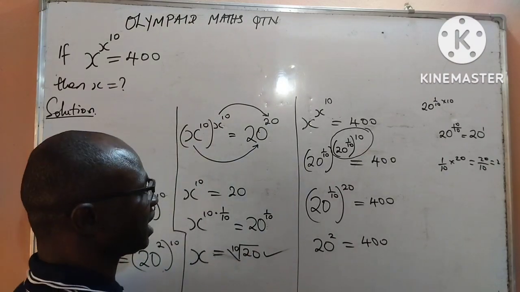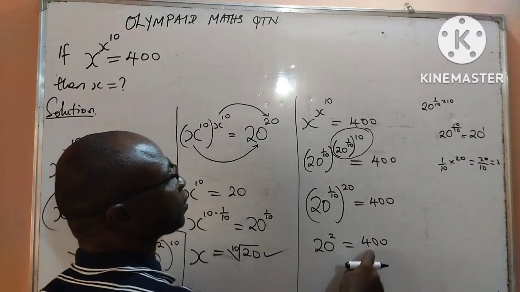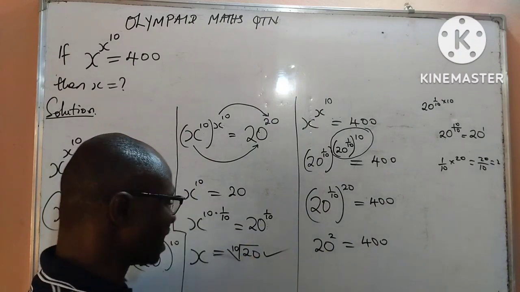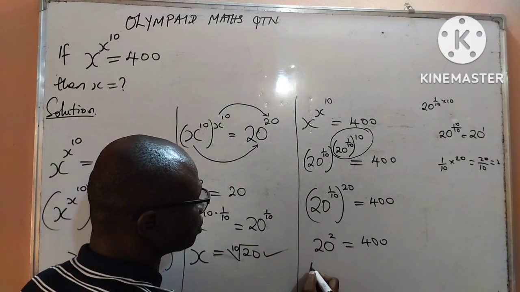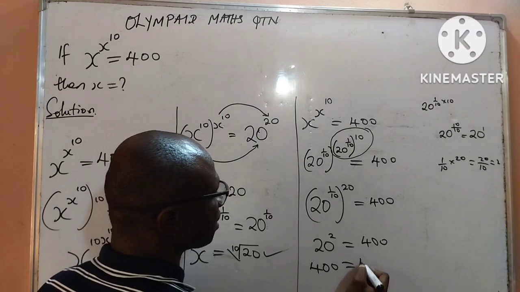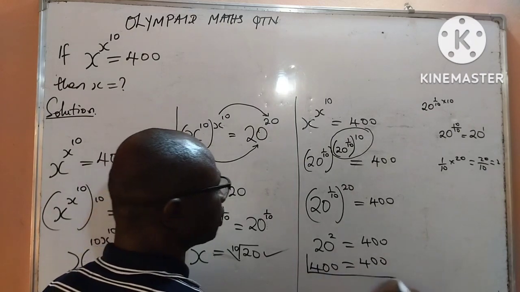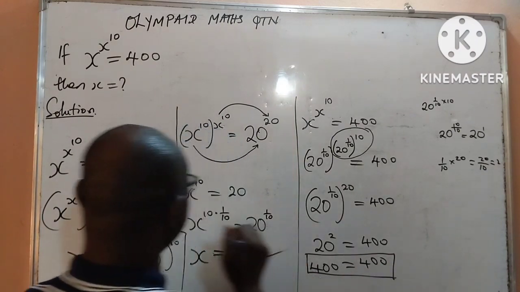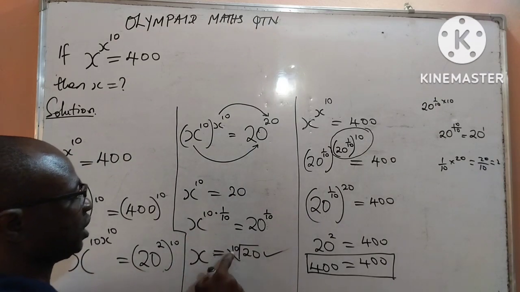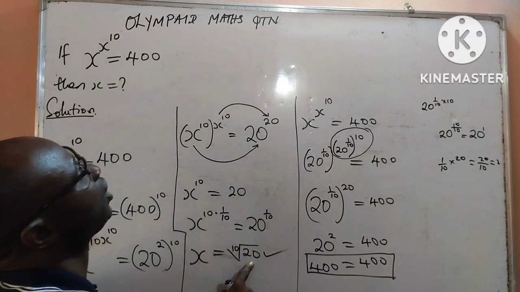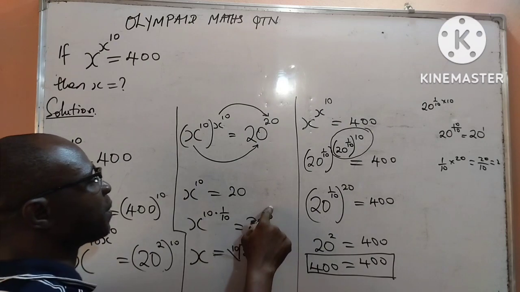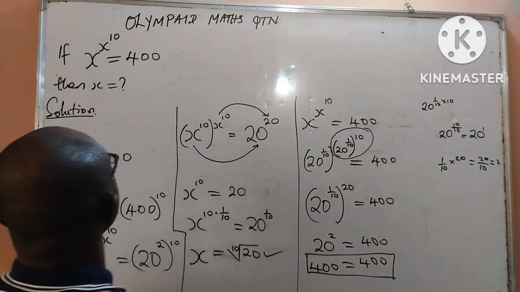The question should be now, is 20 raised to power 2 equal to 400? And the answer is yes, 20 raised to power 2 is 400, which is equal to 400. Authenticating that the value of x, which we got here to be the 10th root of 20, or simply put 20 raised to power 1 over 10, is very correct.